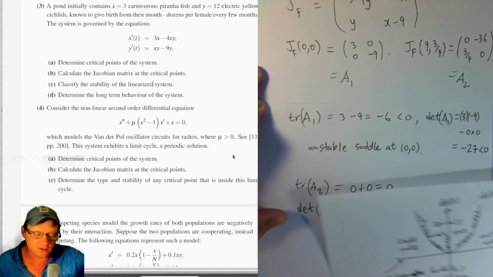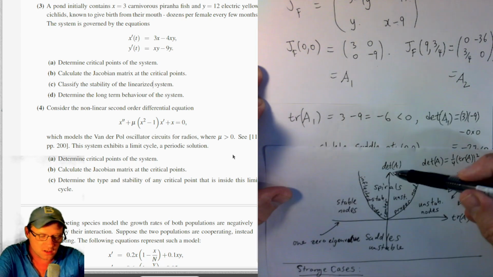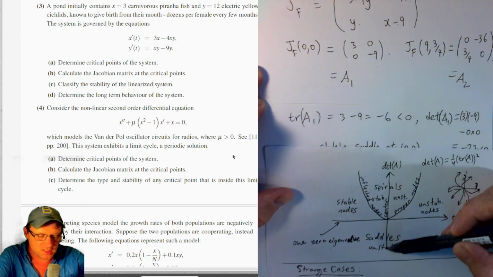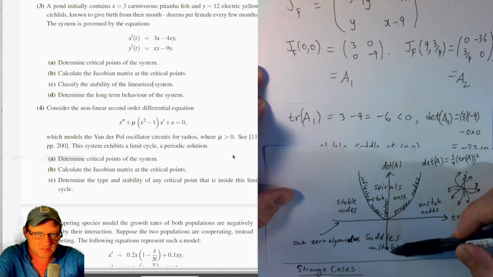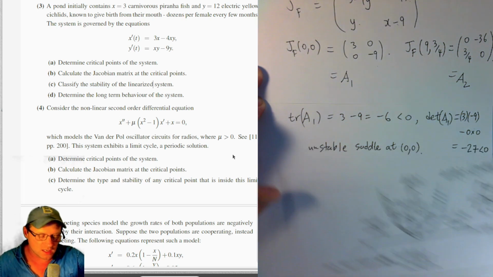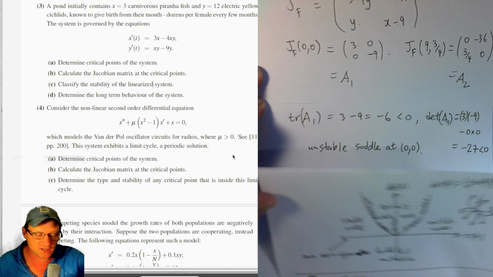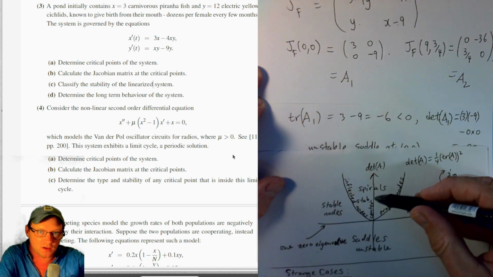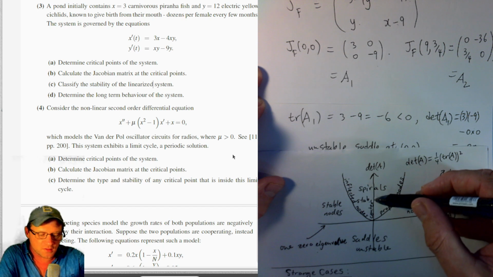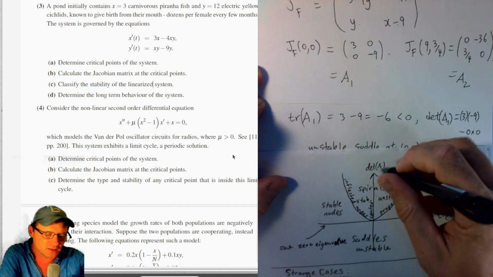We have a 0 trace, so we're on the determinant axis, and we have a positive determinant, so we're somewhere on the positive end of the determinant axis.